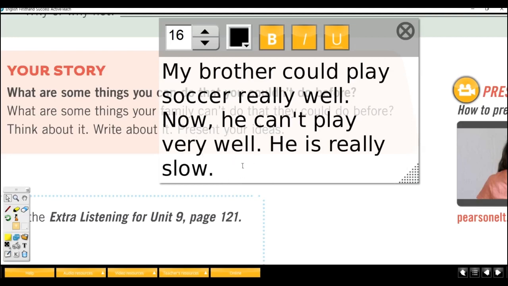So, 우리 오빠, 친오빠 옛날에 축구 진짜 잘했어요. 근데 이제 맥주 먹고 일도 많이 하고 이제는 아주 달리기 빠르게 못해요. He cannot run very fast. He is very slow and he can't play very well. Okay, so there's some examples.